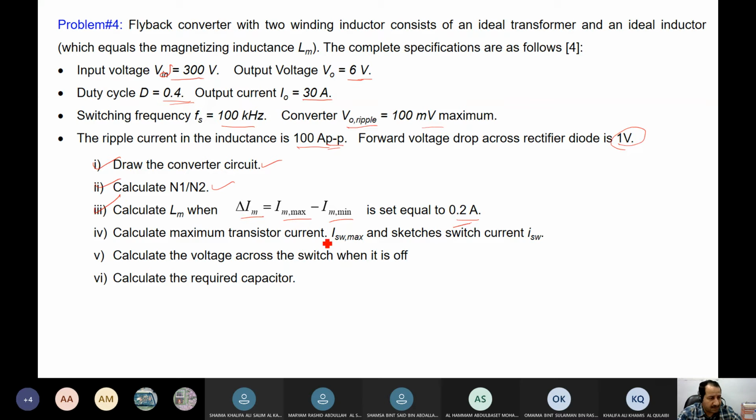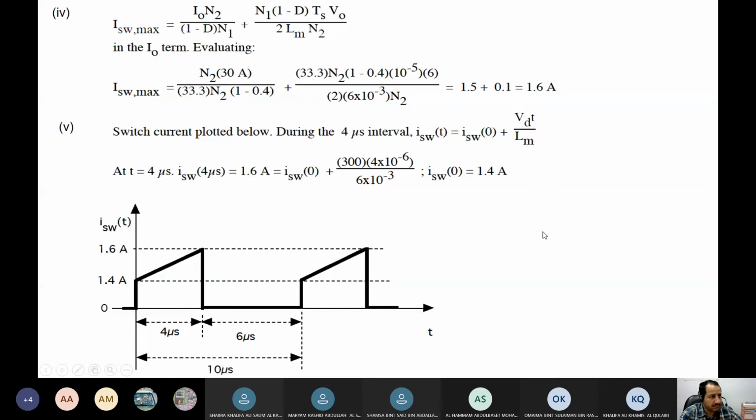Calculate the maximum transistor current, switch maximum current, and sketch the switch current I switch. Okay. Now, I maximum, I have formula. You remember I have formula. We discussed this in the lecture session. Now, I wanted the switch current here. Okay, let me see. Turn ratio, I have them. Output current, I have it. D already given in the question. LM, I just calculated. Again, D, turn ratio.